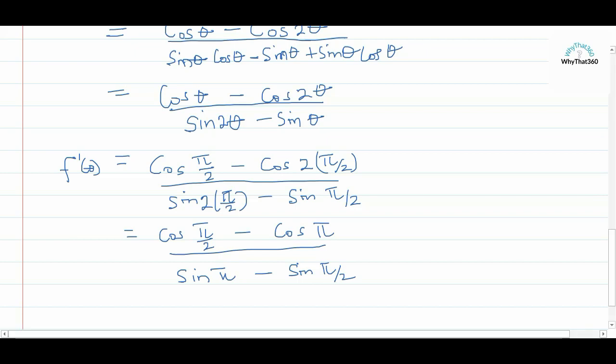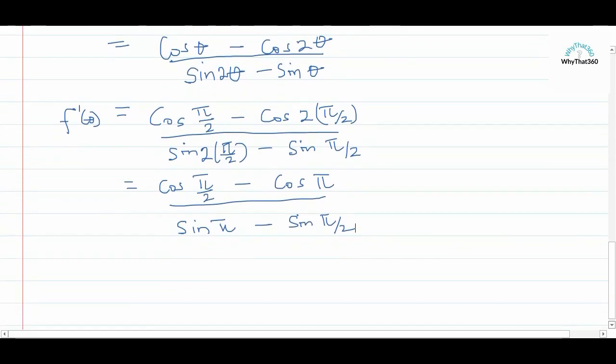So plugging in those values, we get the slope to be equal to 0 minus -1, all this divided by 0 (sine pi is 0) minus 1.